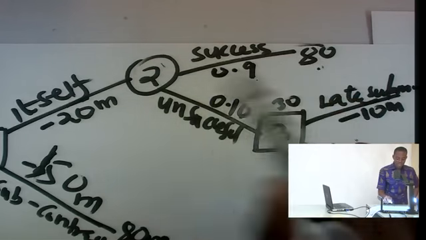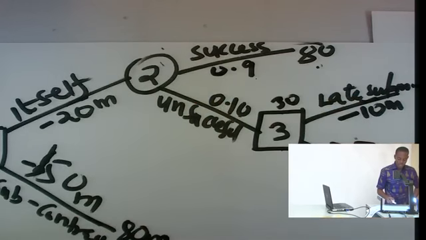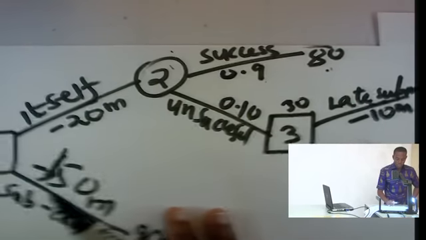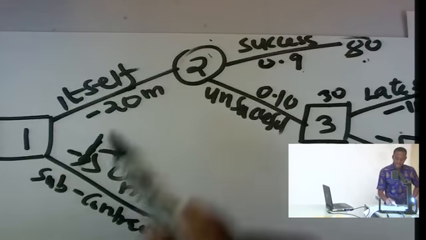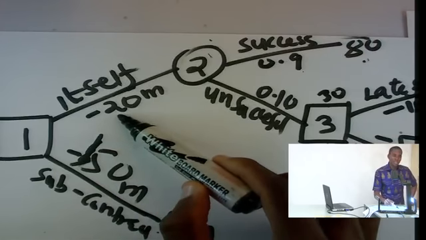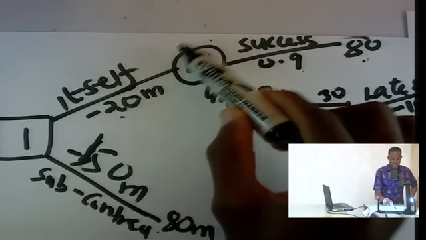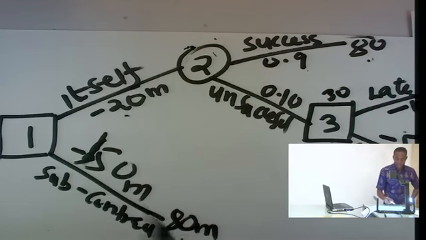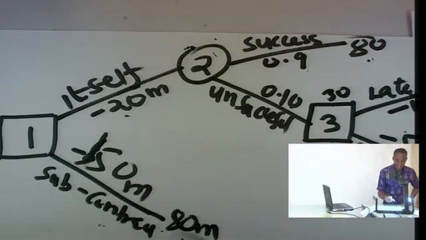I sum them. I put the value here. Then I'm done with node 2. I want to come to node 1. For node 1, I have a cost of 20 million here. Whatever the value here, I find the difference. And then here is 80 million. I find the difference. Then I compare the two. The one that has the higher value, I put the value here, and that becomes the decision.